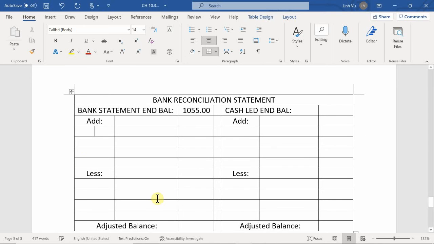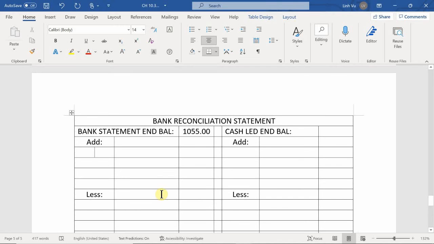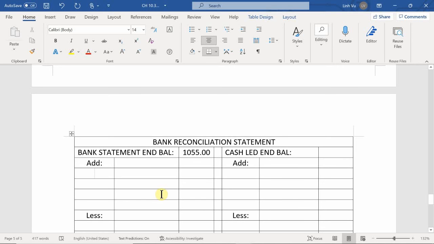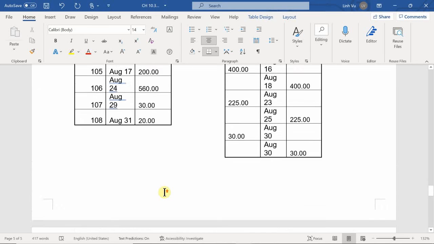If you remember your dues, what does the D stand for? Okay, we're doing our bank statement first. When we do this, we're going to add our due, or our D. What does the D stand for? Deposits. Good. So let's take a look.